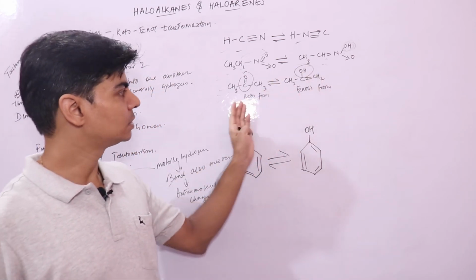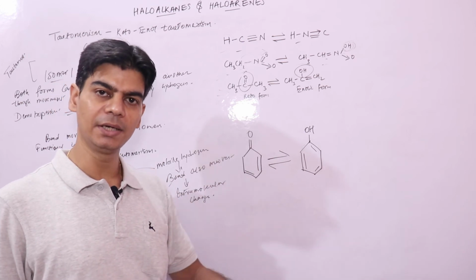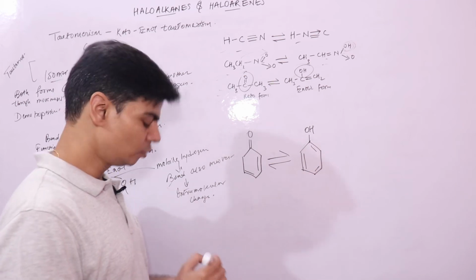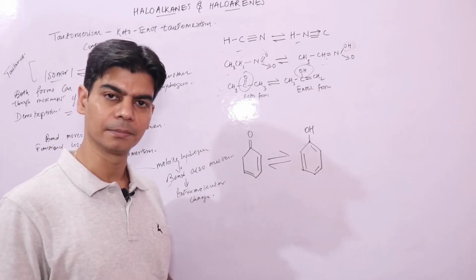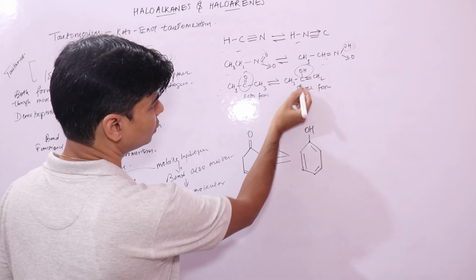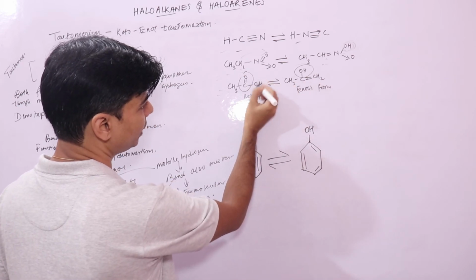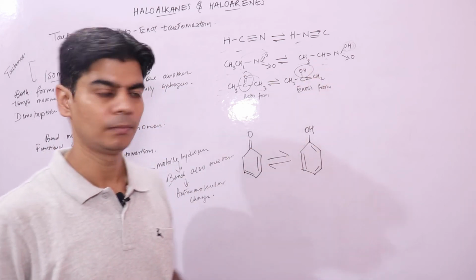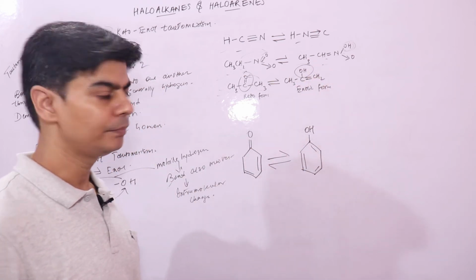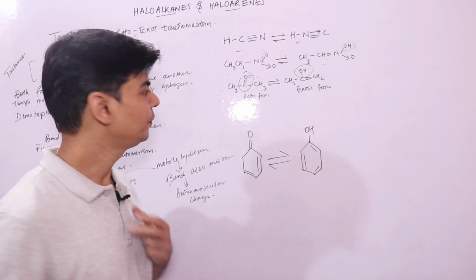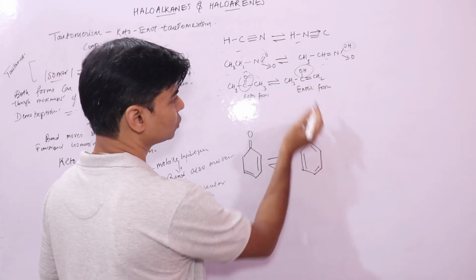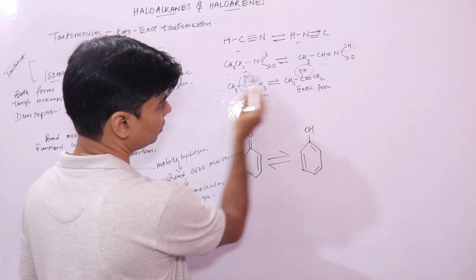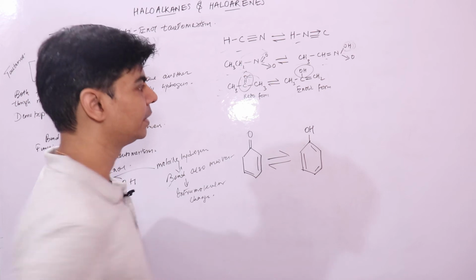Now these two forms can interconvert readily into one another, and they interconvert due to movement of a hydrogen atom, right? You can see this hydrogen atom is moved from here to this oxygen atom and has changed into enolic form, right? And at the same time, since we say it's Desmotropism, your bond is also moving. Your double bond has moved in this form between these two carbon atoms, right?